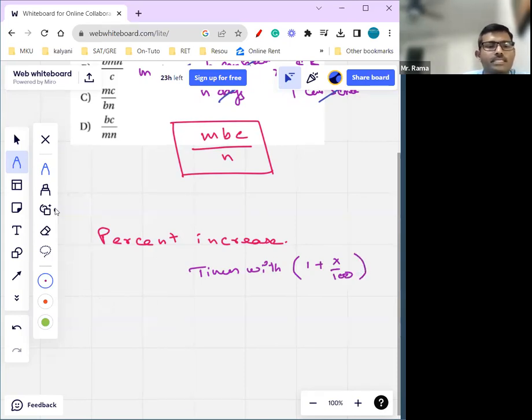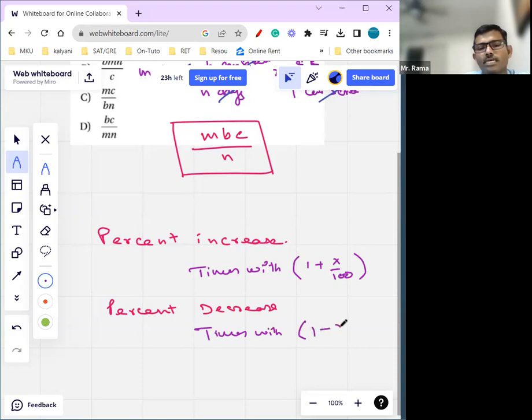And if it is a percent decrease, times it with 1 minus x over 100. This is a very, very simple and important technique.